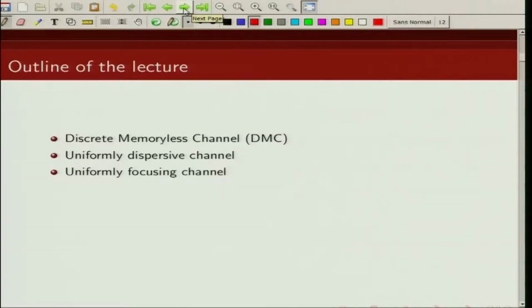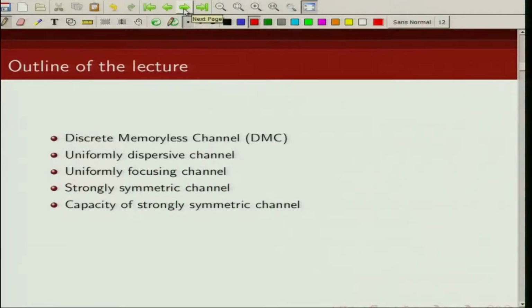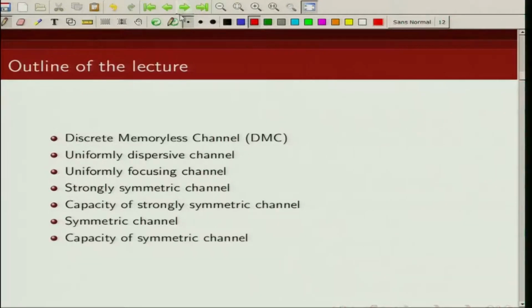And channels which satisfy both of these properties are known as strongly symmetric channels, and we'll compute the capacity of a strongly symmetric channel, and subsequently we will show that there is a class of channels which can be decomposed into strongly symmetric channels, and that's basically known as symmetric channels, and we will compute the capacity of symmetric channels. So this is the plan for this lecture.